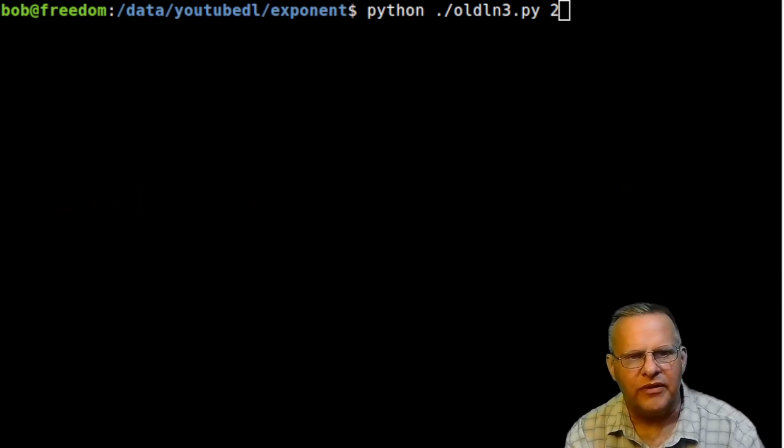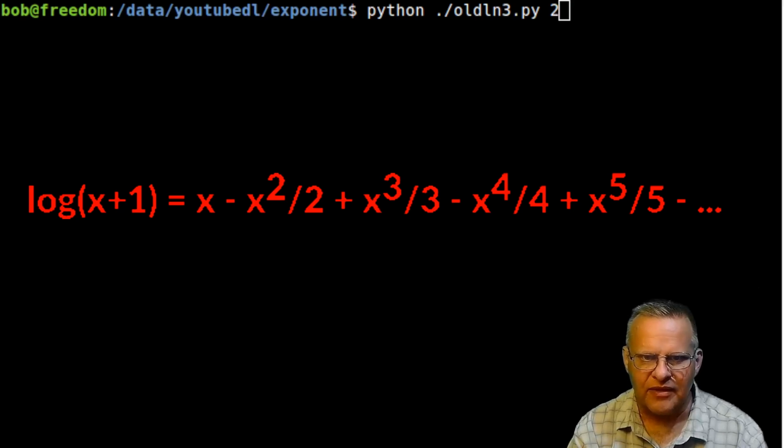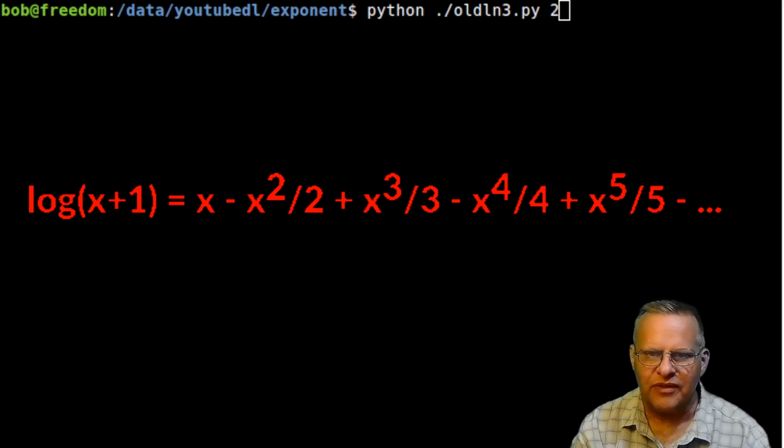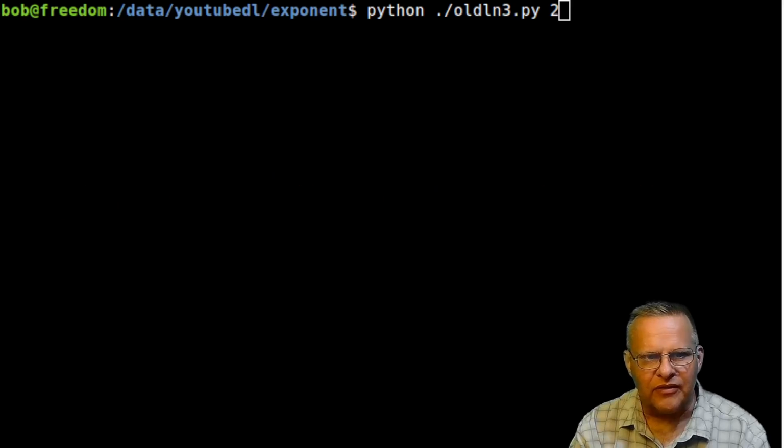So now I'm going to code the natural log of x plus 1. Recall the log of x plus 1 is equal to x minus x squared over 2 plus x cubed over 3 minus x to the 4th over 4 plus x to the 5th over 5, and so on. Now here I'm trying to calculate the natural log of 2.